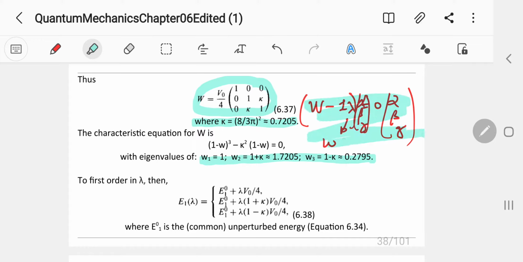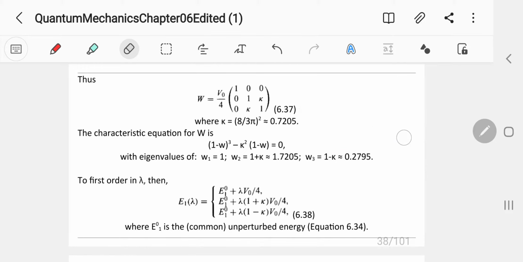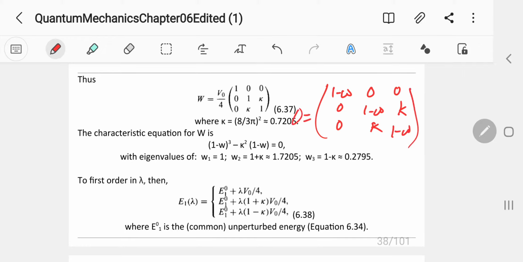It's just actually when you simplify this, this thing here, it would just be this: 1 minus W, 0, 0; 0, 1 minus W, kappa; 0, kappa, 1 minus W. This would just be equal to 0, and this would give you here this one.